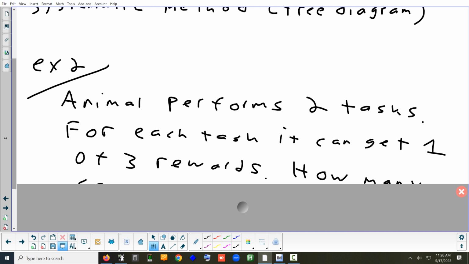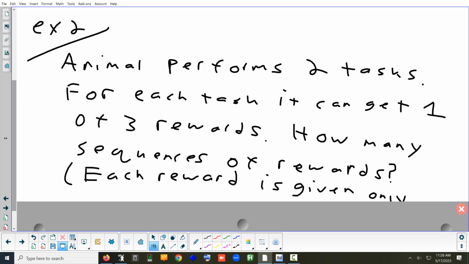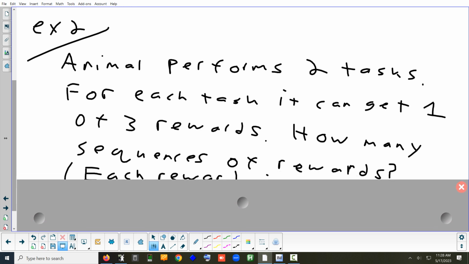But for this particular problem, we'll assume that they have a whole box of each type of reward. So they're not limited. Once they give out one reward, they could give that reward again because they have another one. I kind of want to do it both ways. I want to do it where you can give the reward once and where you can give the reward more than once, and just see how it changes the answer.